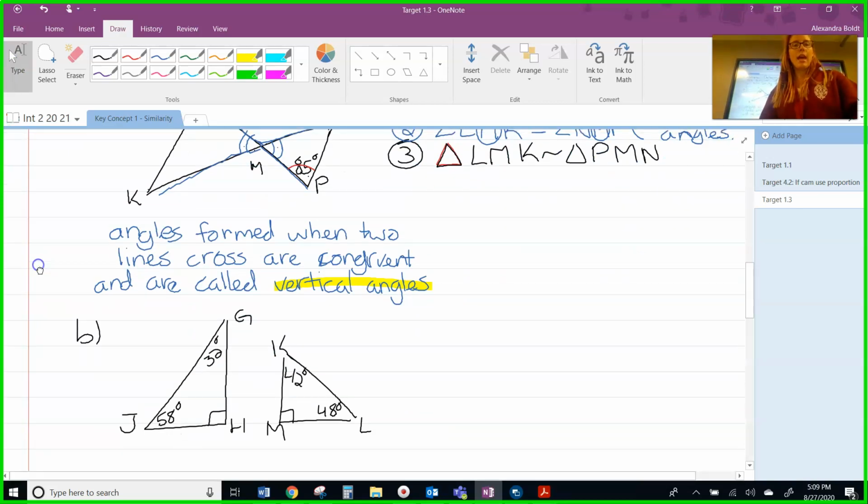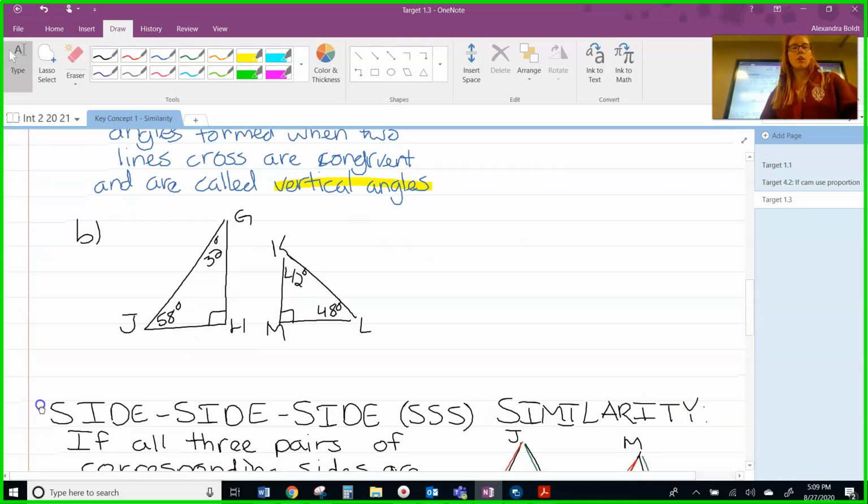All right, looking at example B, a similar type of problem. We're deciding if these triangles are similar. So again, the first thing I see is that angle H and angle M both have that square marking.